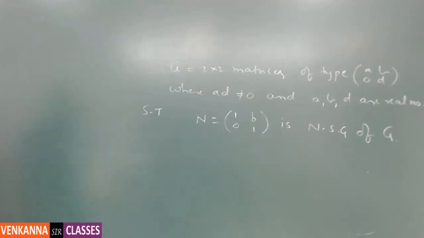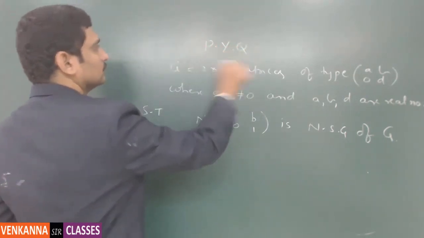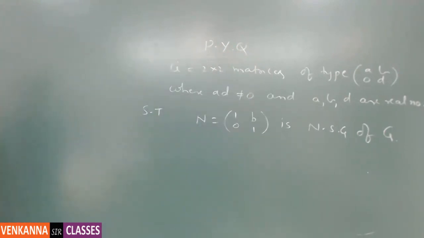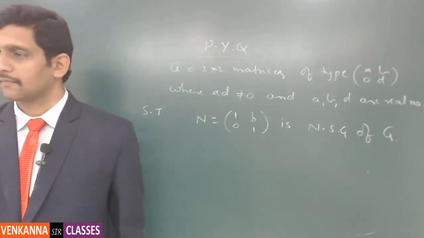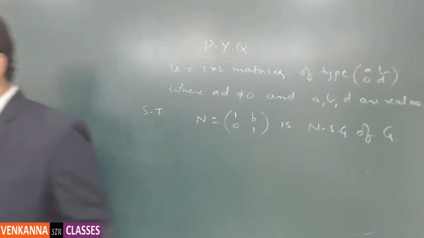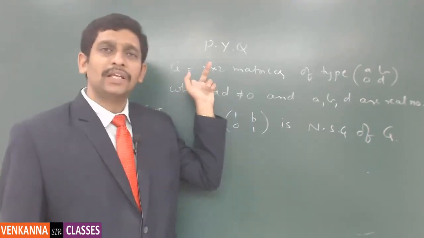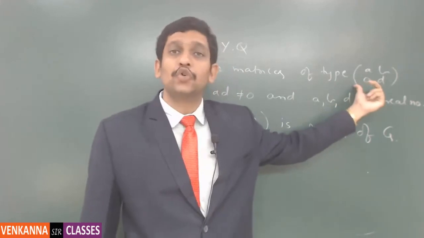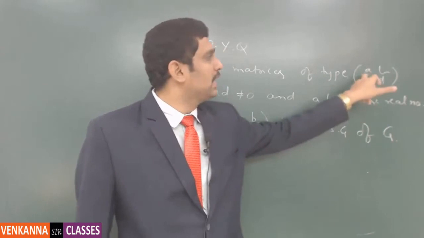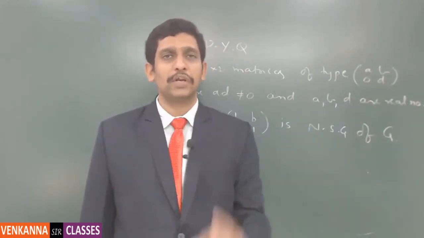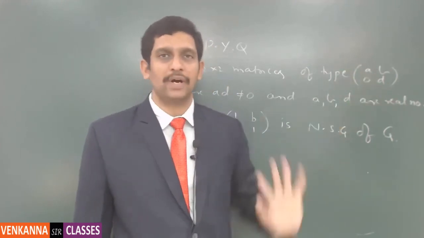So this is also a previous year question problem. This is also a previous year question. Now, here you have taken the group as 2 by 2 matrices where the matrix type is A, B, 0, D. So here you have taken 3 real numbers and the fourth one is 0 by default.